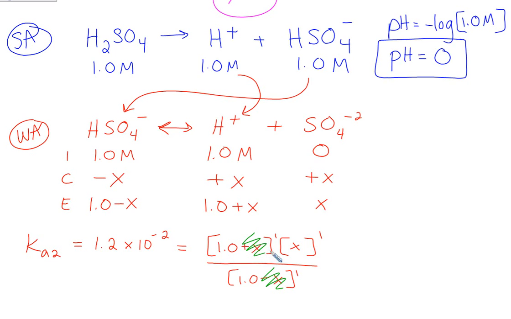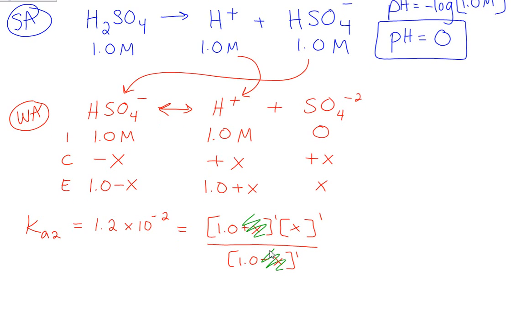So let's get rid of both the X's, the minus X and the plus X. How nice is that? Oh, this is really nice. How about X just equals 1.2 times 10 to the negative second? That's really small. That's really like 0.012.